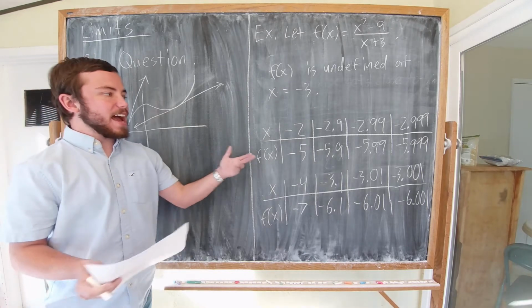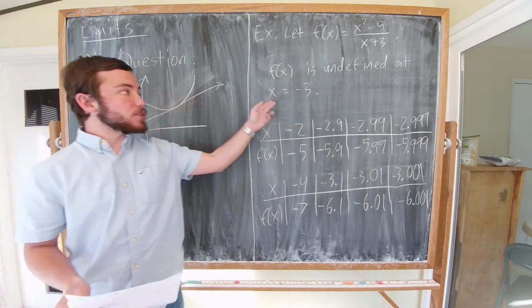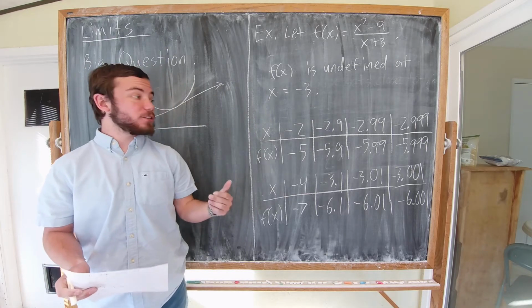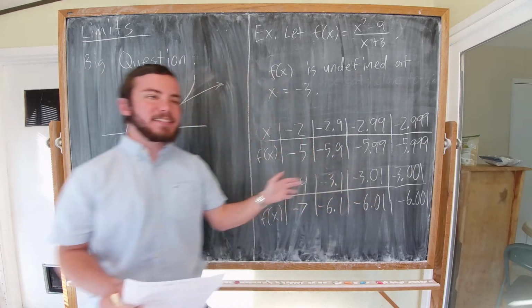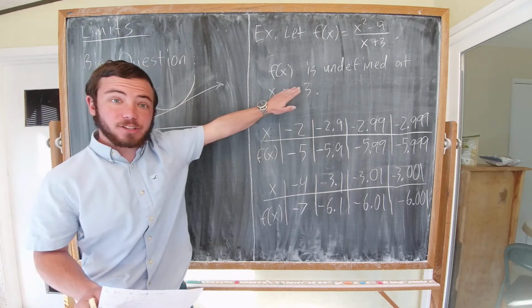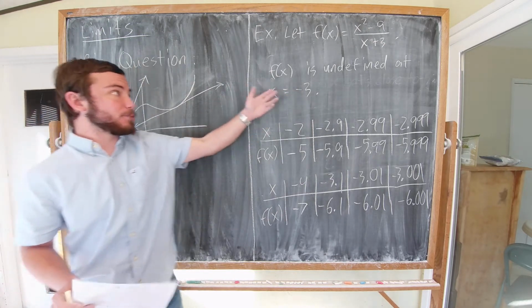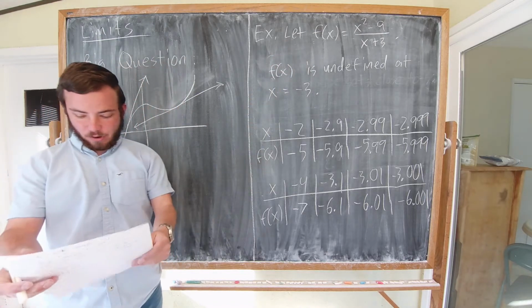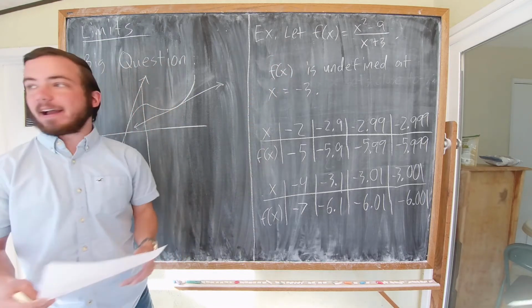So it seems as x gets really, really close to negative 3, f of x is getting really, really close to negative 6. Even though it's not actually defined at negative 3, right? We can't plug negative 3 into this function. But it looks like f of x is getting really, really close to that.